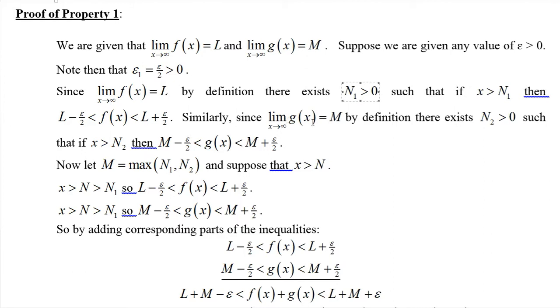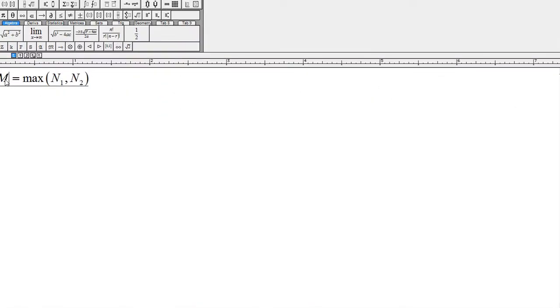And similarly, since g of x has this limit m as x goes to infinity, by definition there's another n, say n2 greater than 0, such that if x is greater than n2, then g is close to m, specifically between m minus epsilon over 2 and m plus epsilon over 2. So in both cases we're using this new epsilon, which is the original epsilon divided by 2, finding the corresponding n's.